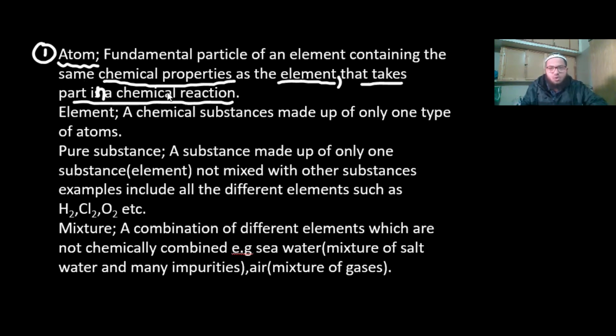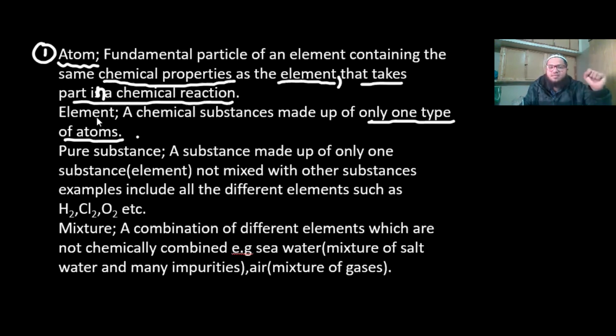So what are the properties of an atom? You can think of it this way: it is the smallest possible particle of an element. An element is a chemical substance that is very pure. The definition of element is also written over here: a chemical substance which is made up of only one type of atoms. If you've got the same type of atoms and they combine and form a substance, that substance is called an element.